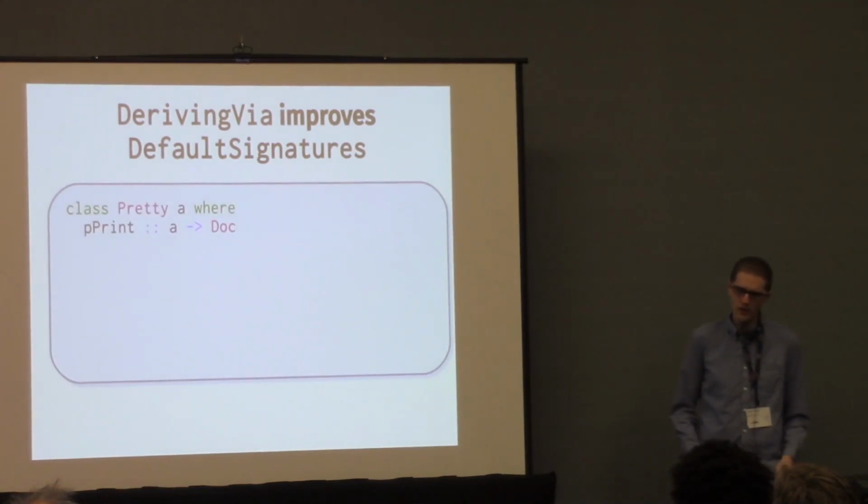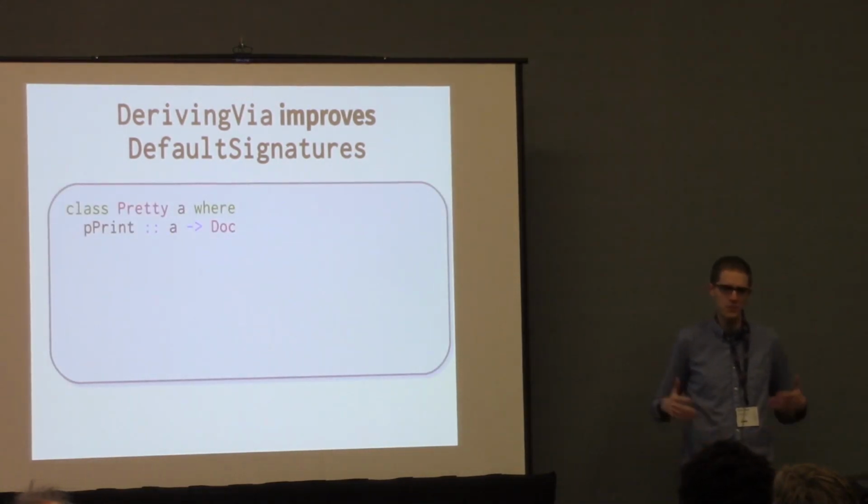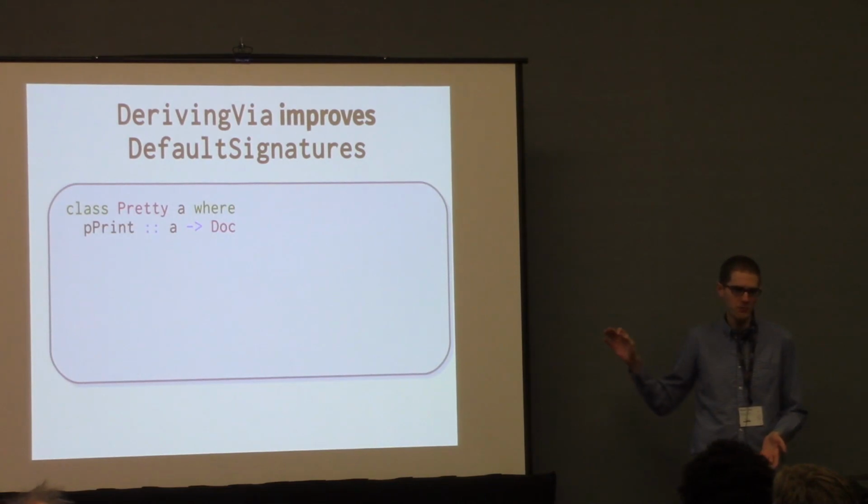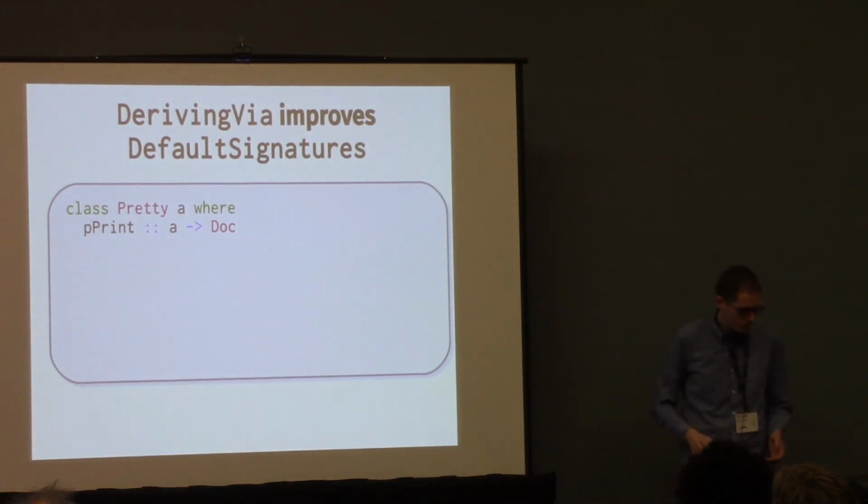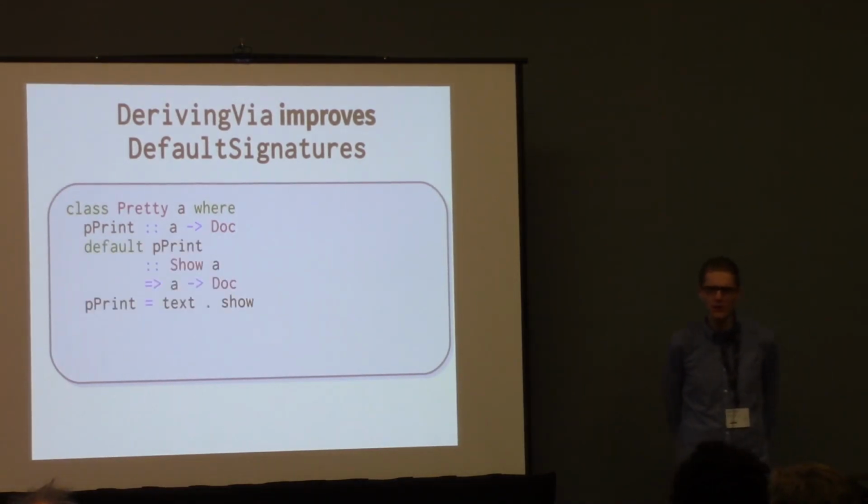Imagine you have some type class for pretty printing values, and it has a method pprint for turning that value into a pretty printed document type. As it turns out, most instances of Pretty are pretty predictable, so we can come up with defaults for this pretty easily. One sensible default that you can pick is reusing the Show type class.